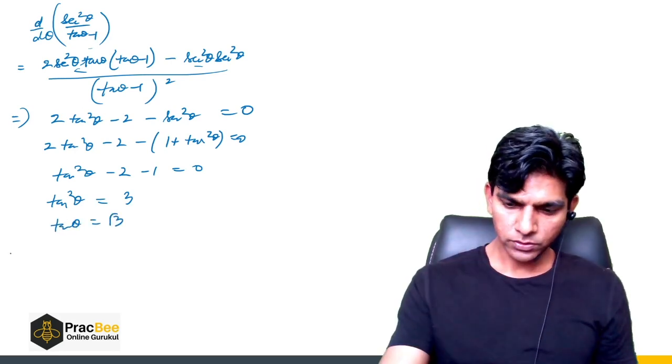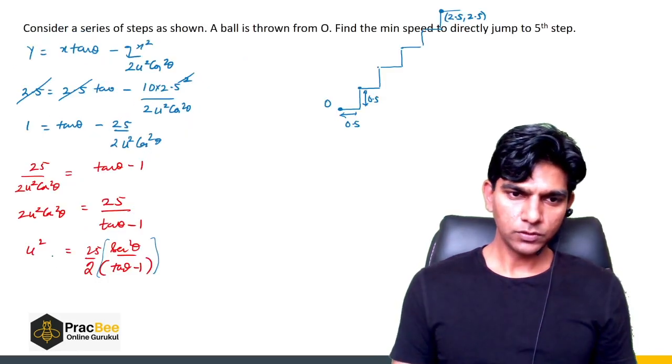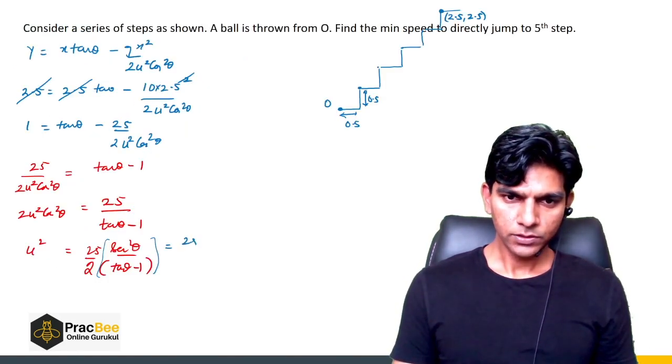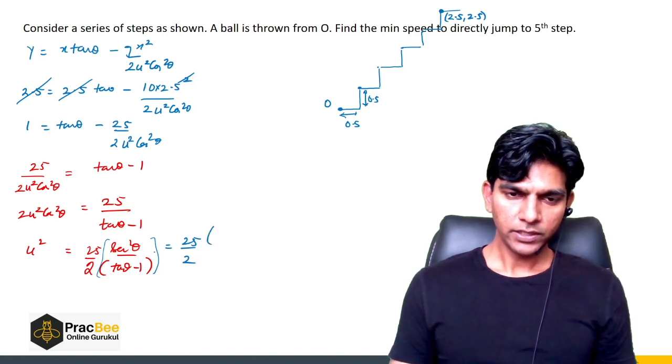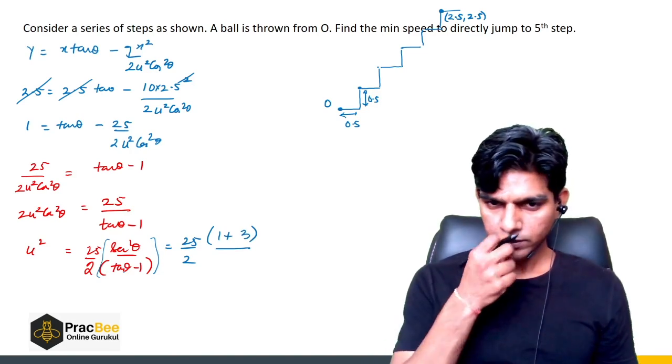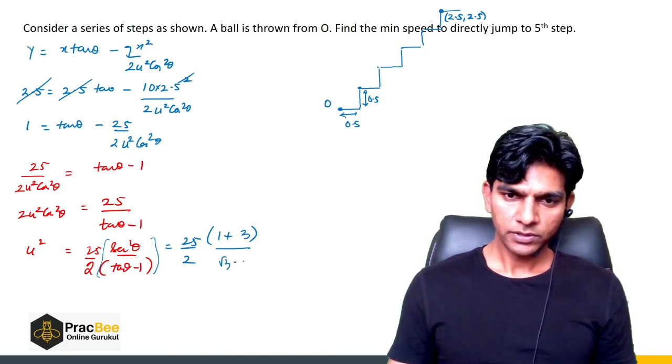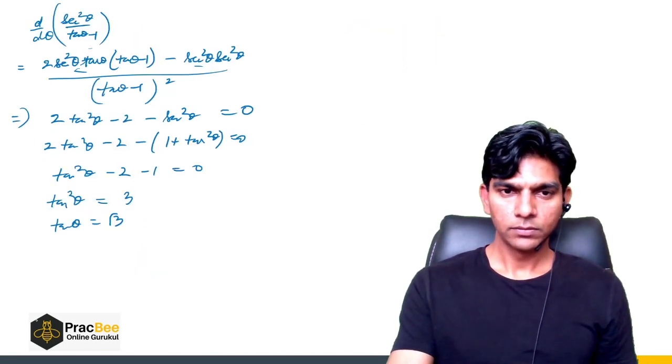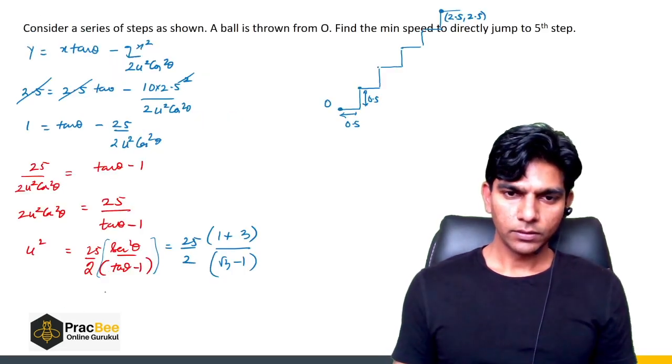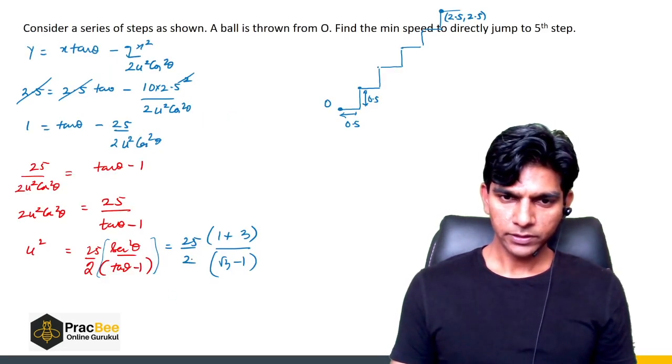So if I substitute tan theta as root 3 in this equation, we have 25 by 2, so 1 plus 3 divided by root 3 minus 1. Okay, if I simplify this, this will be 2.